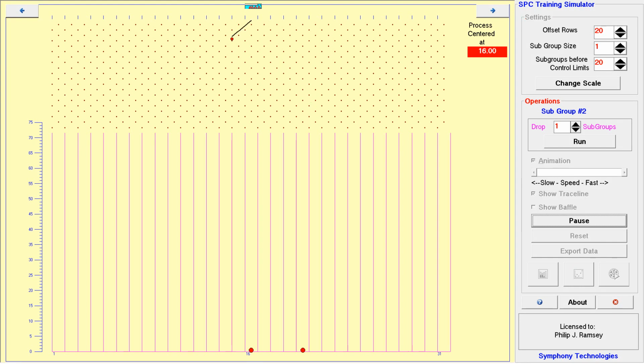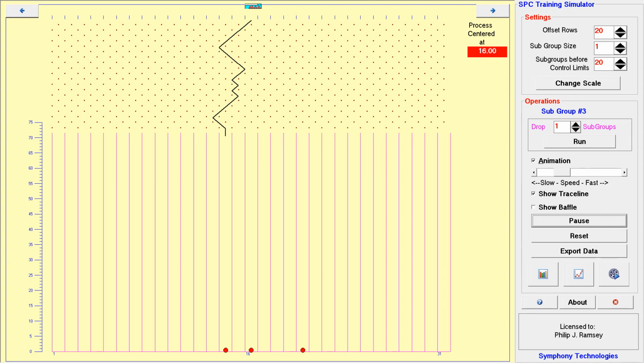So here's a third one. This one landed at 14. Again, a tendency we would have as a person is to say, well, I wanted to hit 16, I hit 14, I better move the funnel. Something's wrong. But again, all three of these measurements, there's nothing unusual.